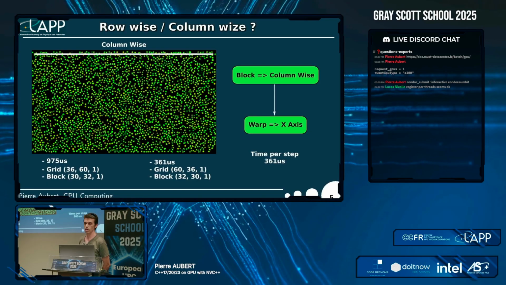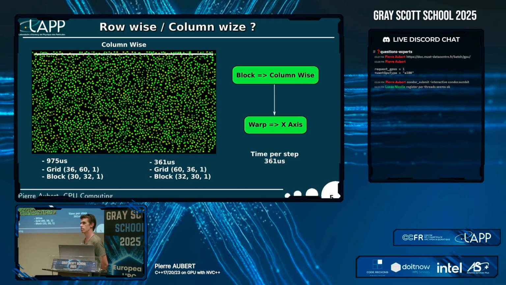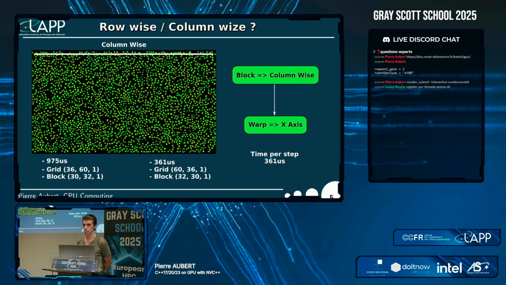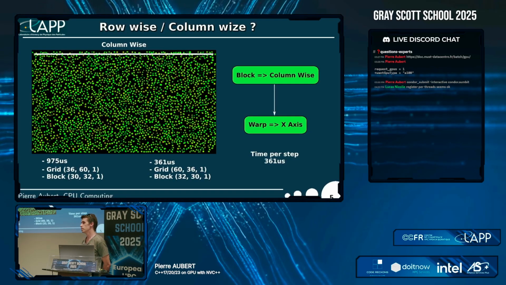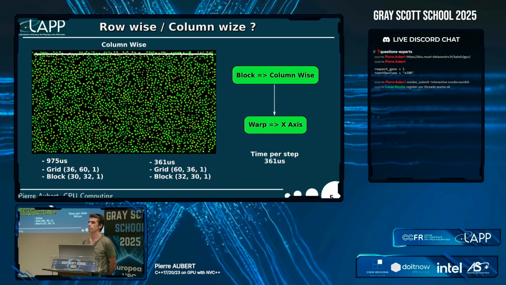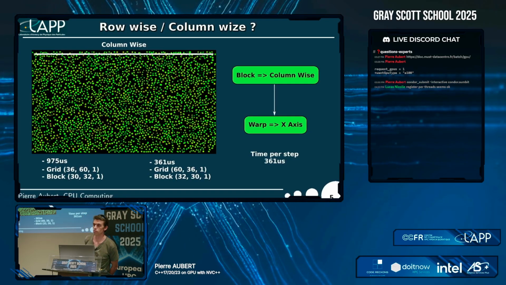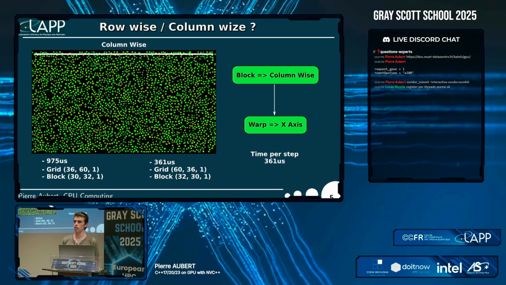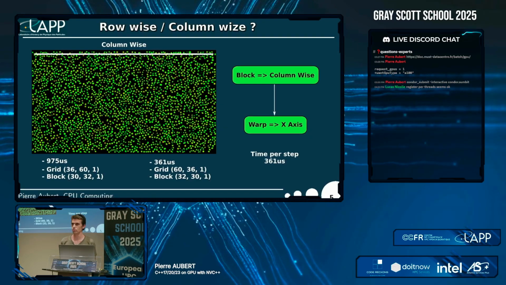You say, okay, now I'm column-wise and not row-wise, but the kernel is not updated, and you have a crash, and you don't have an error. You get the last CUDA error, and you don't have an error, and you don't know why.